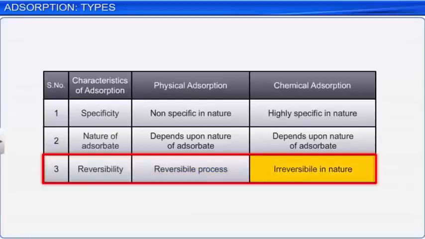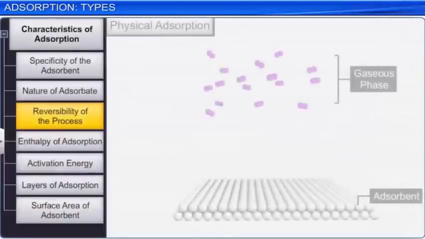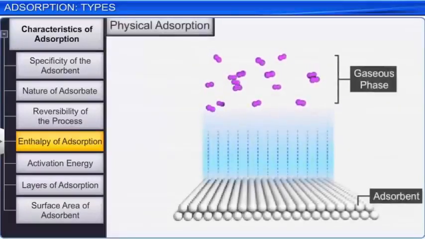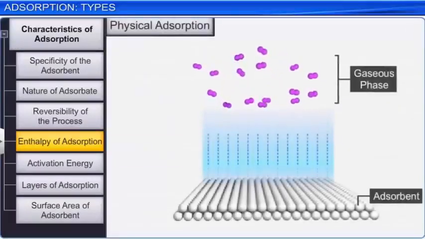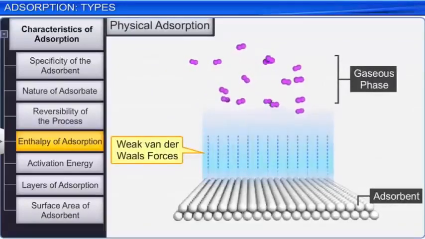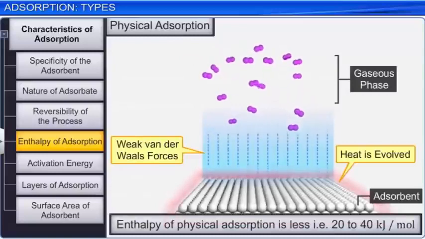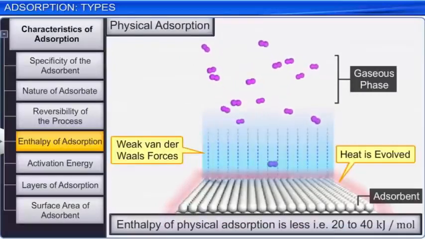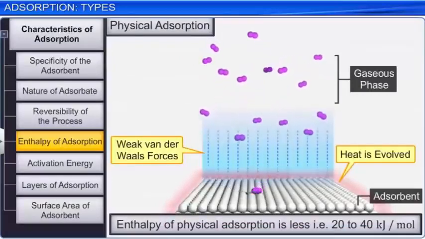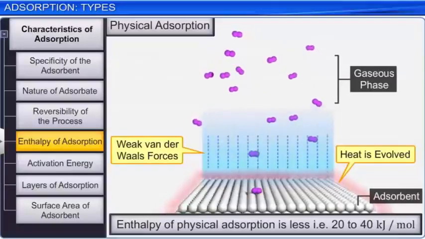Next, let us discuss the enthalpy change associated with physical and chemical adsorption. In physical adsorption, since the van der Waals forces of attraction are weak, the heat evolved, or the enthalpy of adsorption, is very little, around 20 to 40 kilojoules per mole. Chemical adsorption is also an exothermic process.